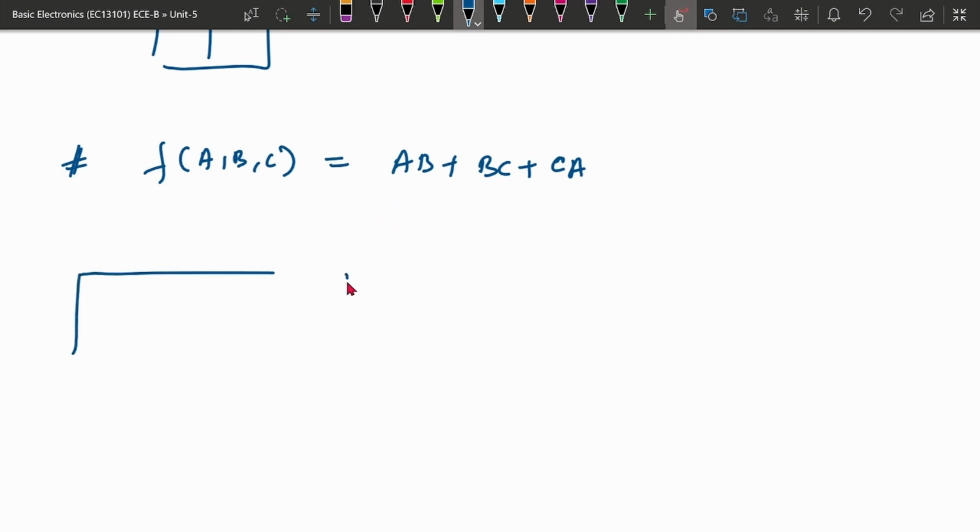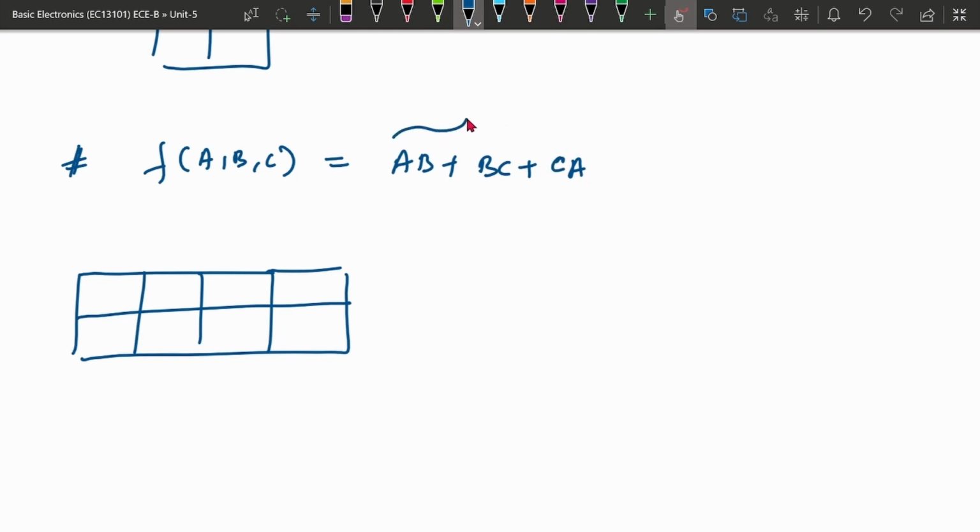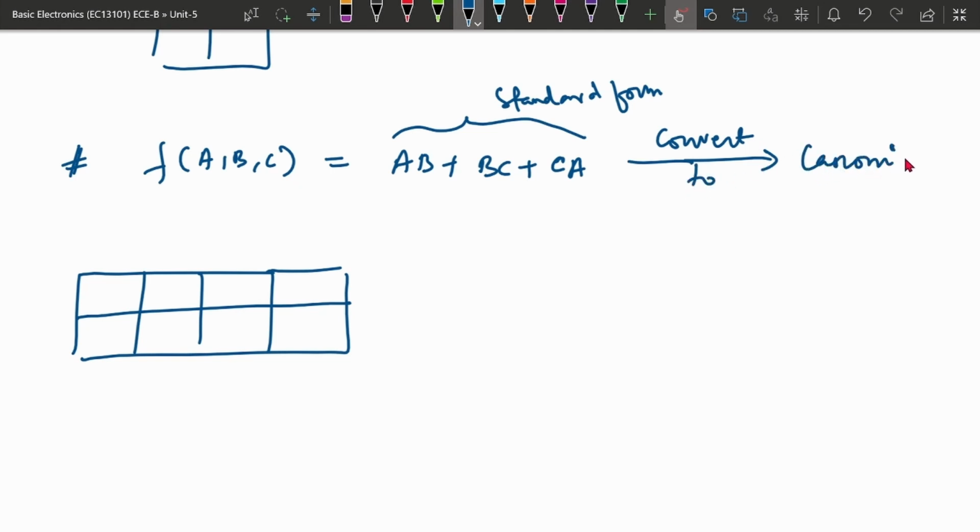That means if this is the K-map for 3 variables, where AB should be there, we are not able to put it. This is in standard form. But to represent the function in the K-map, we have to convert it to the canonical form.